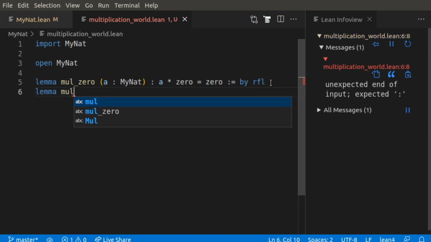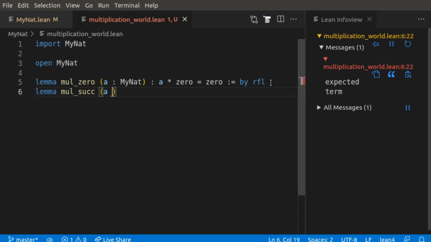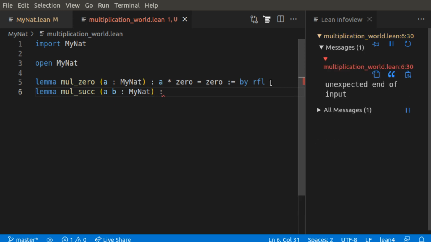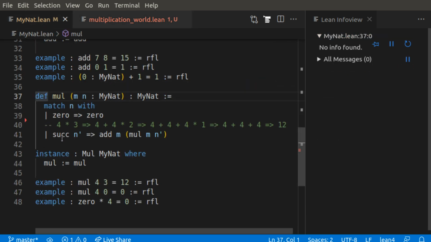Similarly, we're going to have the same thing done for the successor case. So if we have a, we're just kind of writing out what this means.